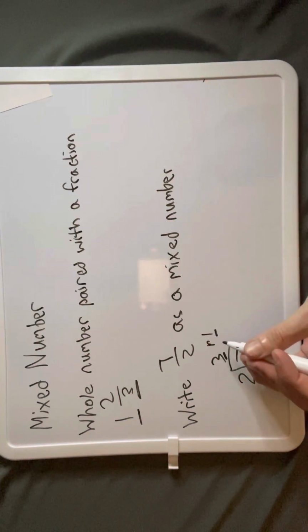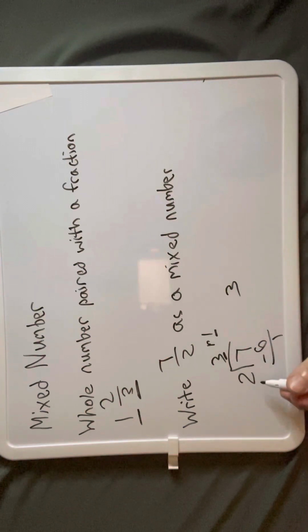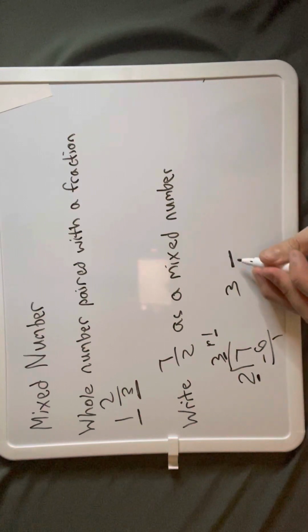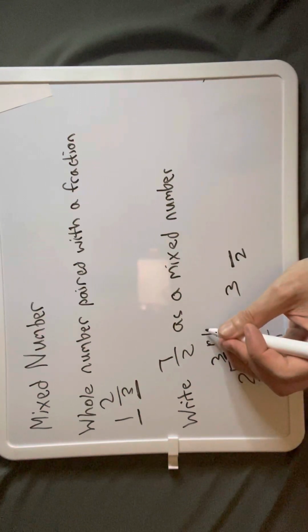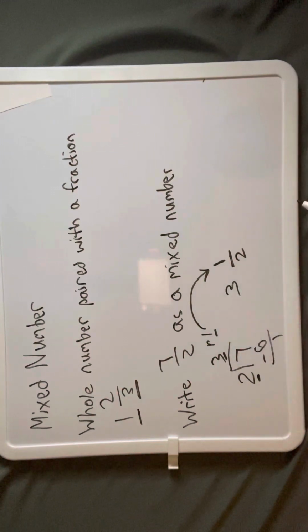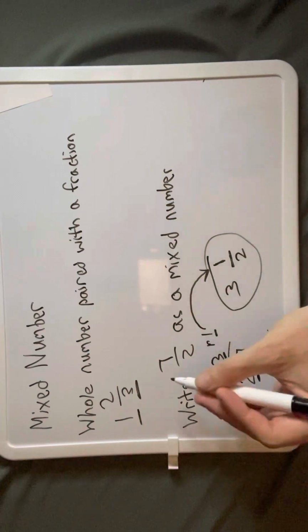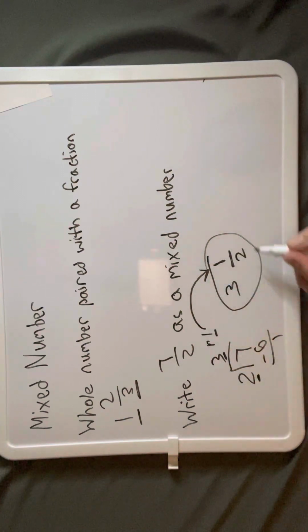Well, what it means is my whole number of 3, and I know my fraction was over 2, because that's what I divided it by. So my remainder simply goes all the way over here up on top, and it equals 3 1/2, and that's how I write 7/2 as a mixed number. Mixed because it has a whole number and a fraction all together.